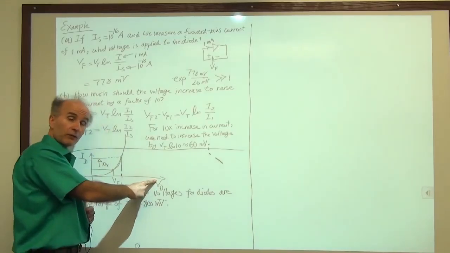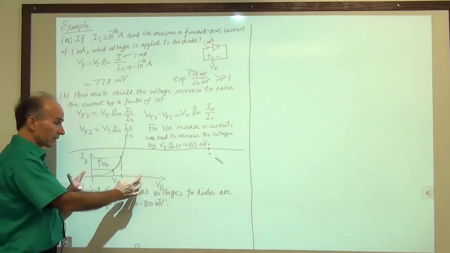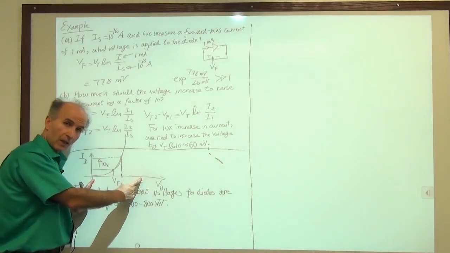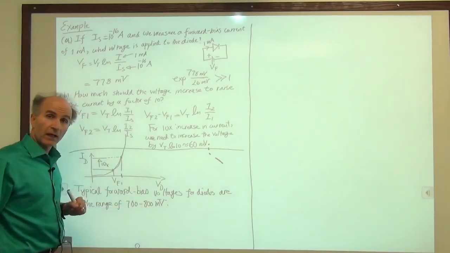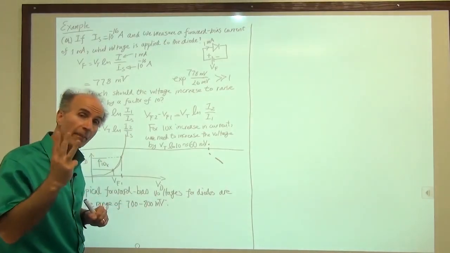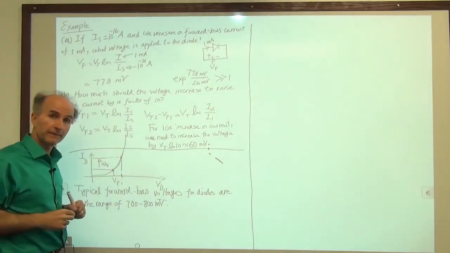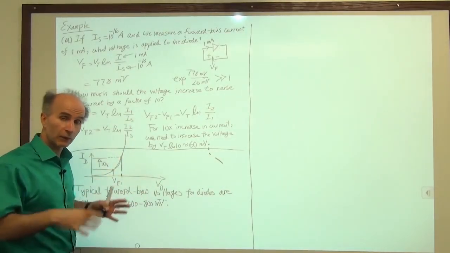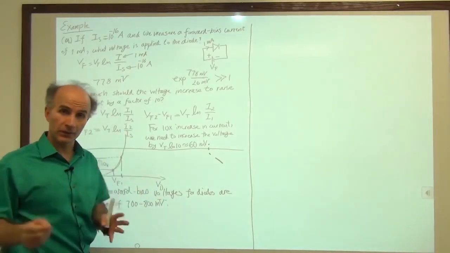Every time it goes up by a factor of 10. So if you have a diode that has 1000 millivolts across it, then that diode carries a current about 3 orders of magnitude larger than the numbers that we are dealing with here, right? So instead of 1 to 10 milliamps, we're talking 1 ampere to 10 amperes.